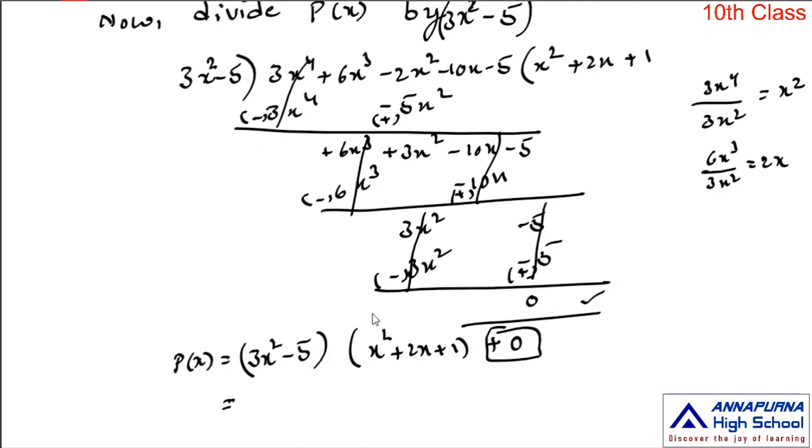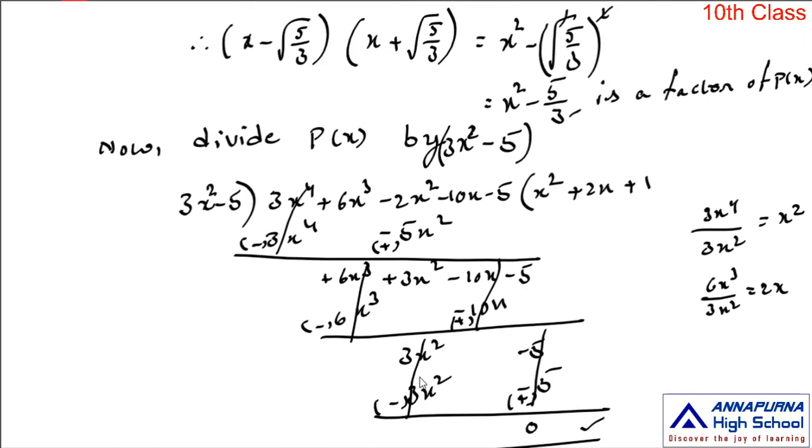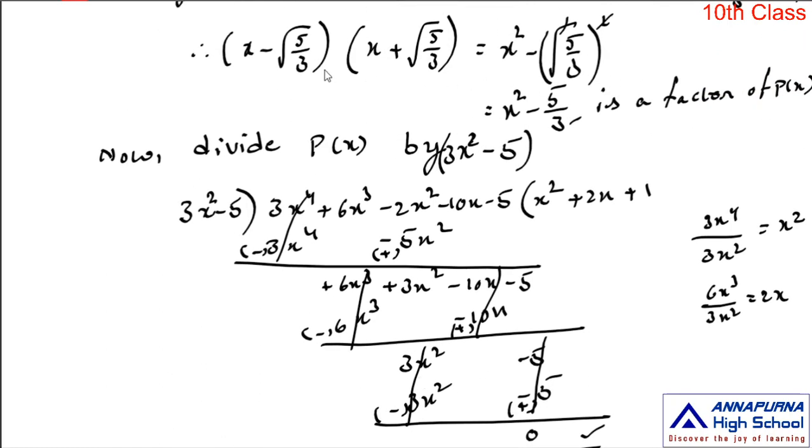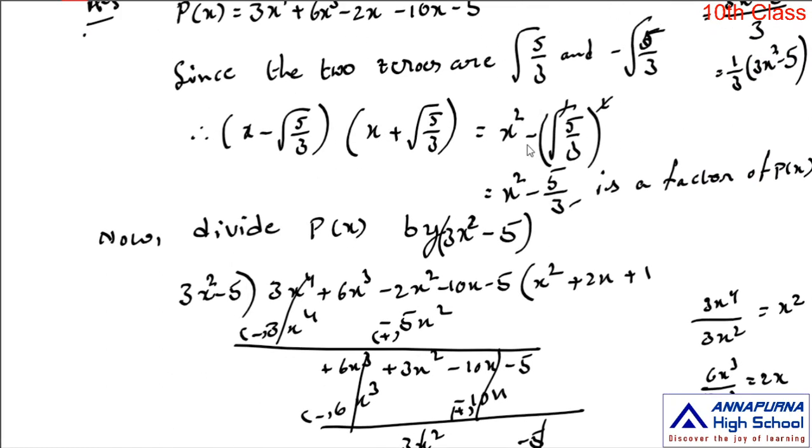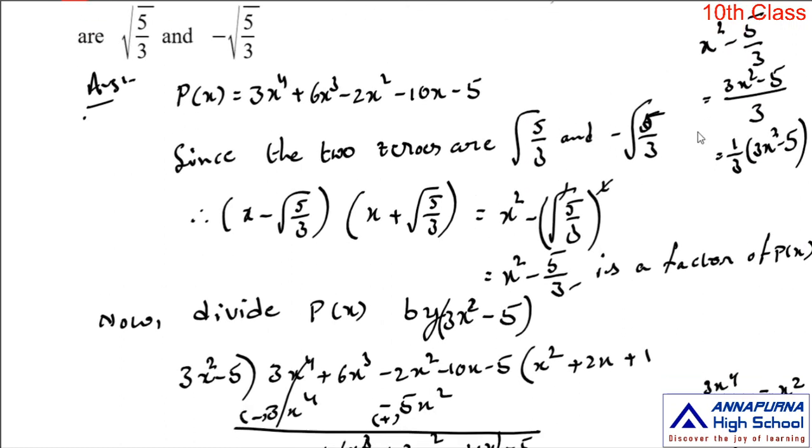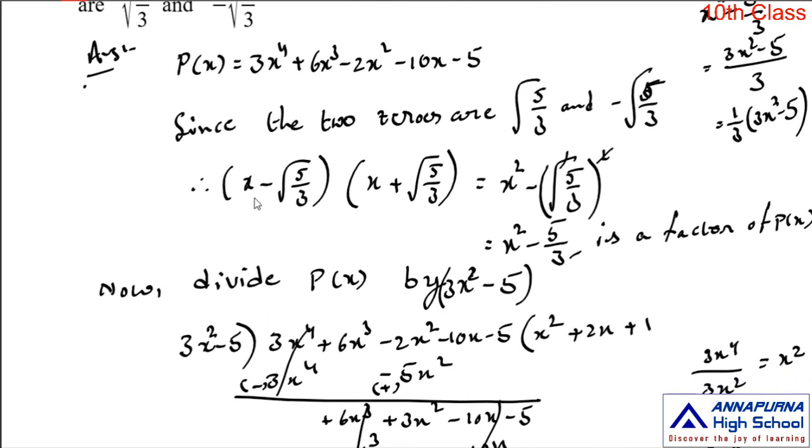Here we observe that this 3x² minus 5 comes from the product of two linear factors. See, (x minus root 5 by 3) into (x plus root 5 by 3) is equal to x² minus 5 by 3, and we can write this x² minus 5 by 3 as 1 by 3 into (3x² minus 5).